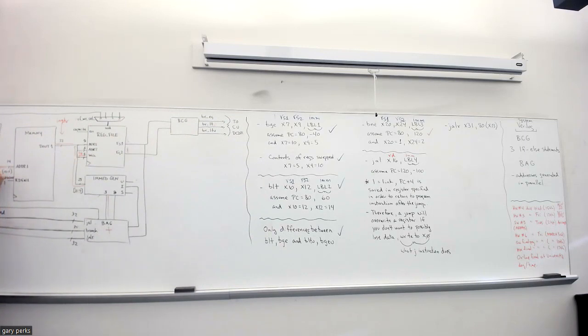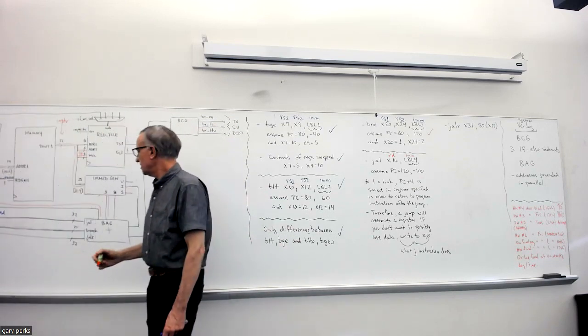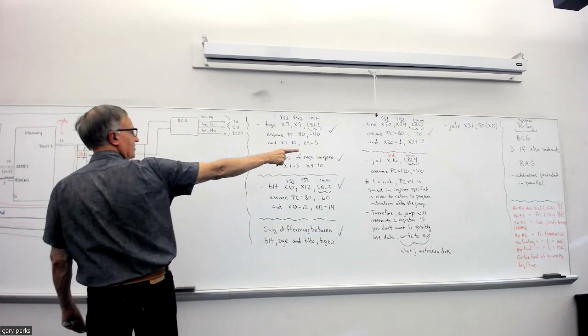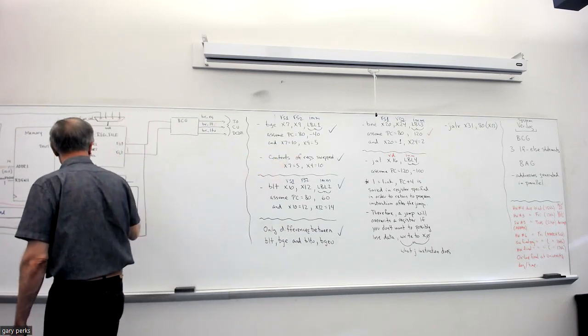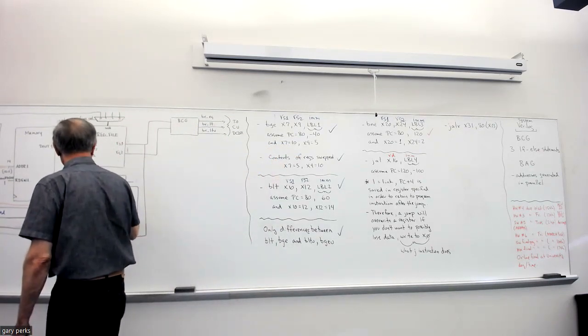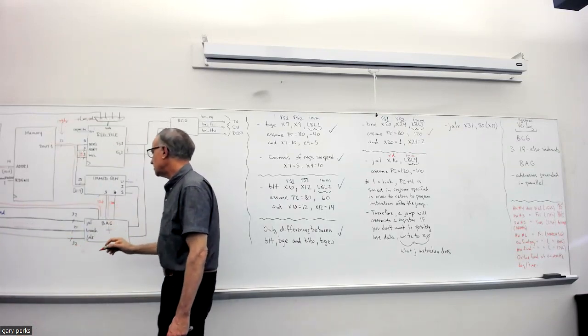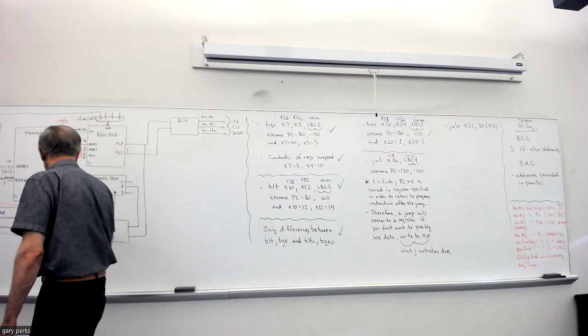Also, the program counter address goes into our BAG. It's going to add those two together. So what's our immediate for this? It's -100. This is 120. So we're going to get the difference, 20, out at the JAL output.